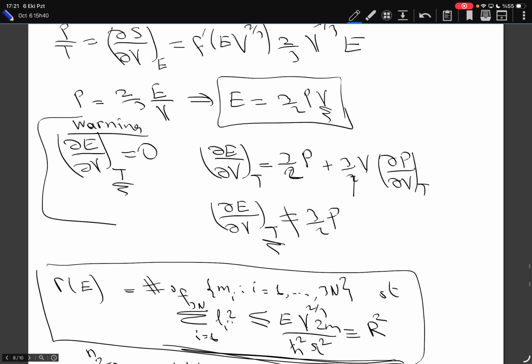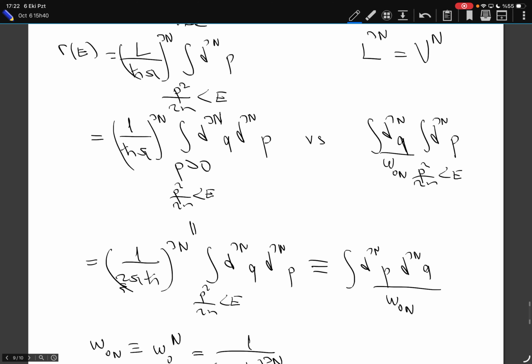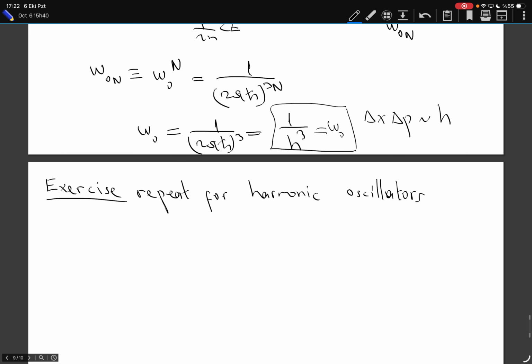And then we just counted the microstates, and in fact, we just recovered the same expression in both cases. And this allowed us to identify what is the unit of volume corresponding to each different state in classical phase space. You see, since it depends on h bar, there's no way you can derive this from classical mechanics. Any questions?